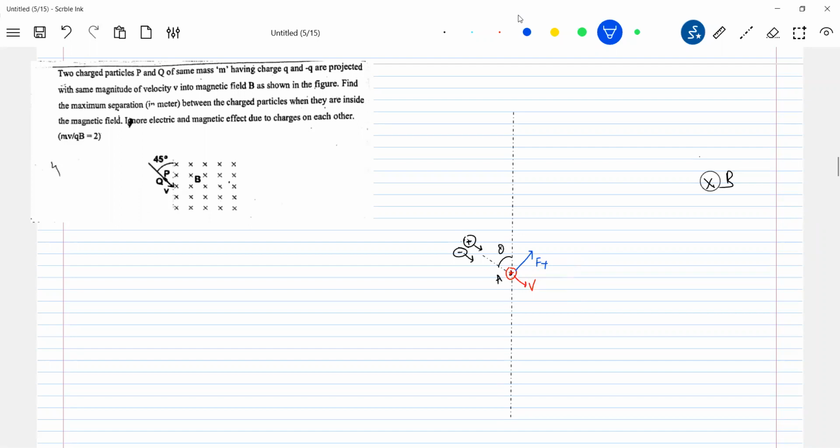Circular path means how it should be? Big circle, I have to draw it.